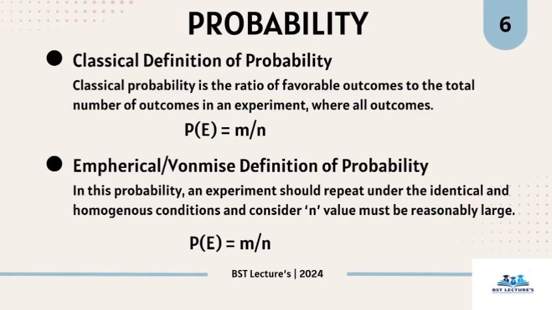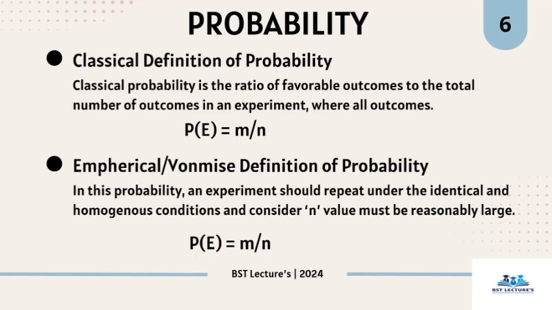The second definition is the empirical or relative frequency definition of probability. It also defines probability as favorable outcomes by total outcomes, but here we have some conditions.